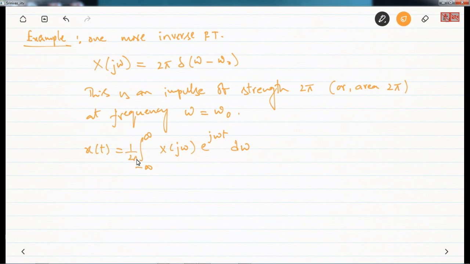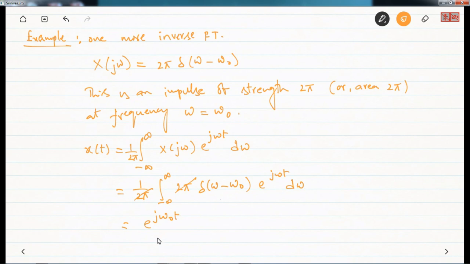Sorry, I forgot the 1 over 2 pi. So this becomes 1 over 2 pi times the integral from minus infinity to plus infinity of 2 pi delta of omega minus omega naught, and this 2 pi gets cancelled, times e power j omega t d omega. This impulse becomes non-zero only at omega equal to omega naught, so this becomes simply e power j omega naught t.